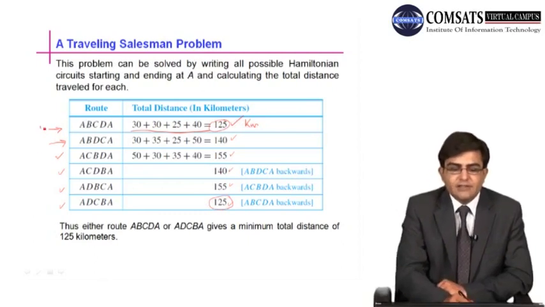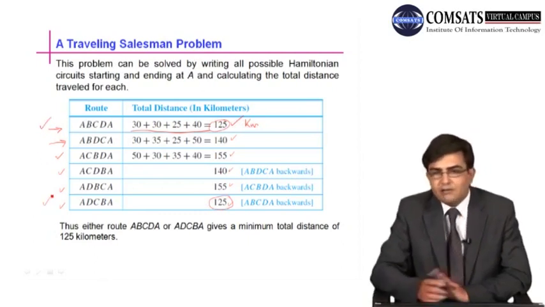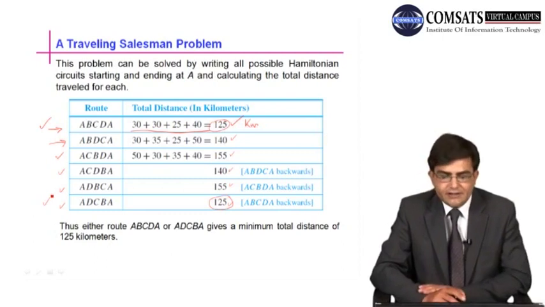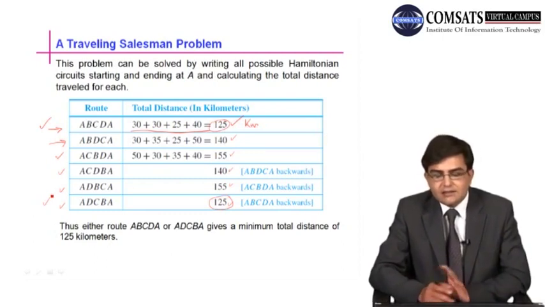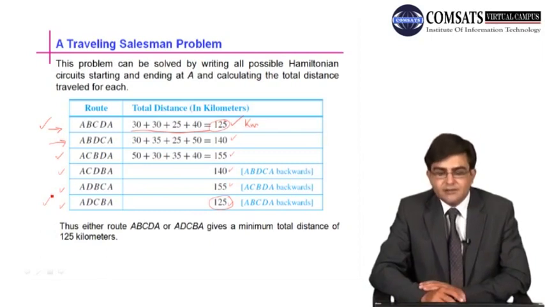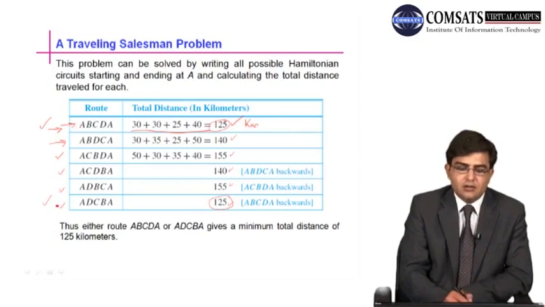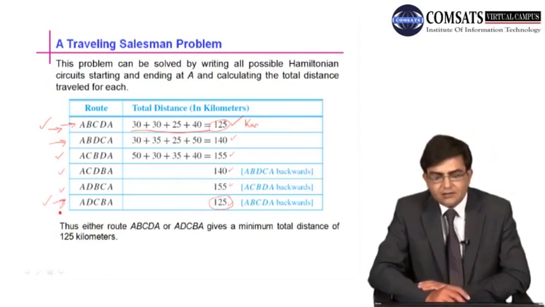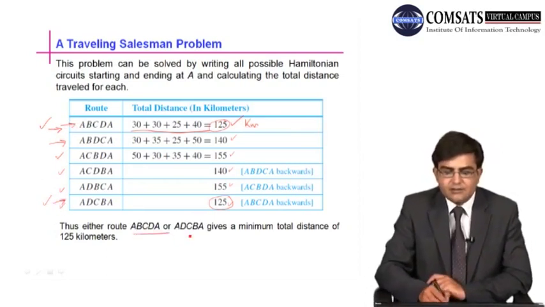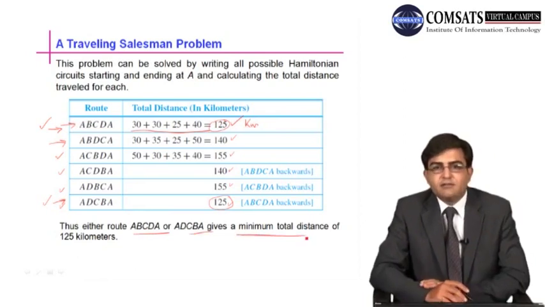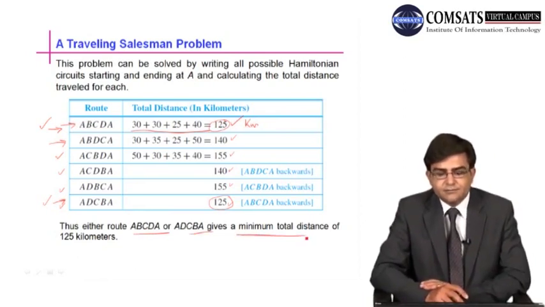So either of these two routes he can choose to deliver the products in 4 different cities, so that he has to travel the minimum distance in kilometers. Thus either route gives a minimum total distance of 125 kilometers.